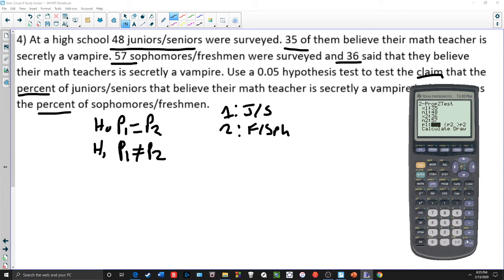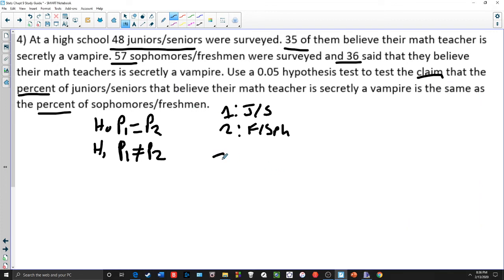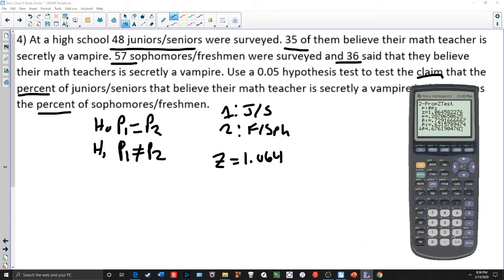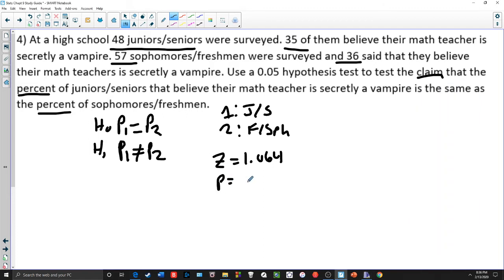and making sure that our hypothesis is highlighted correctly, because if you don't highlight your hypothesis correctly, your test stat will be okay, but your p-value would be off, and that's going to affect how you draw your conclusion. So we click that, click calculate. Our z is 1.064, and our p is 0.287, so our p-value is 0.287.